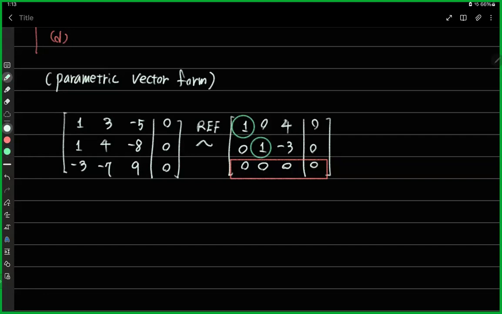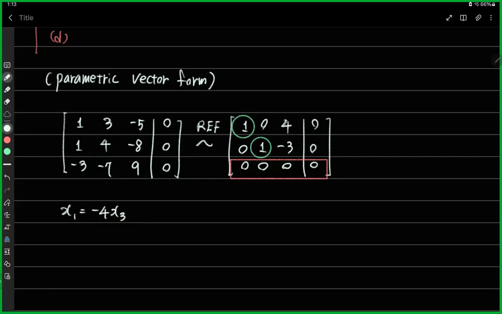Then let's try to express the solution in vector form. Okay, so here we see 1 times x1 plus 0 times x2 plus 4 times x3 equals 0, which means x1 is -4x3, right?